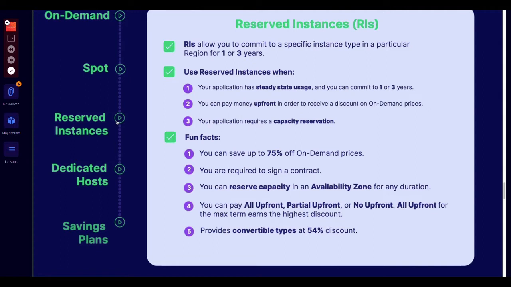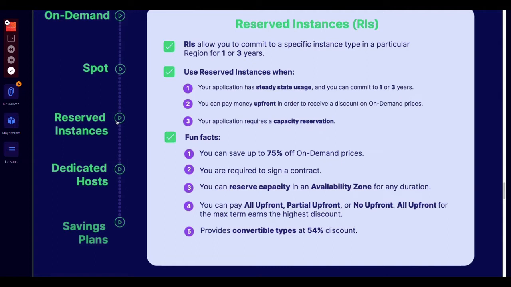Now, with reserved instances, you are required to sign a contract for either 1 or 3 years. And you can reserve capacity in an availability zone for any duration, and you pay all upfront, partial upfront, or no upfront. And all upfront for the max term earns you the highest discount.